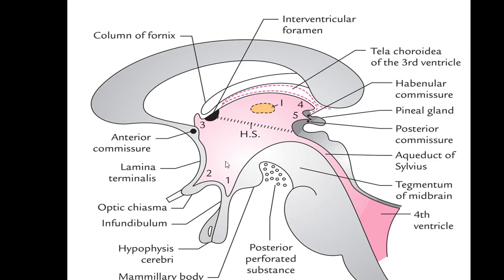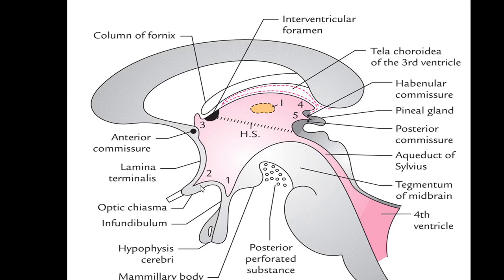Here, in this diagram, you can see the region of the hypothalamus. Here is the hypothalamic sulcus, which separates the hypothalamus from the thalamus. And here you can see anteriorly it is limited by the lamina terminalis.